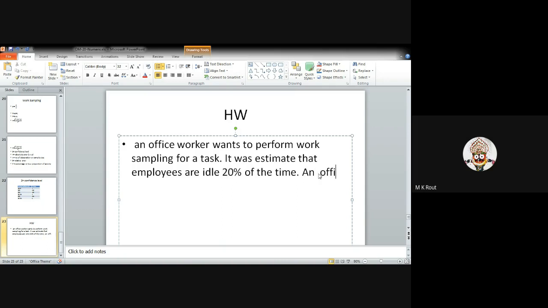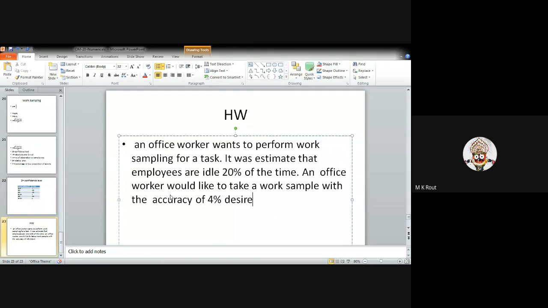And the office worker would like to take a work sample with an accuracy of 4% and a desired confidence level of 95.45%.